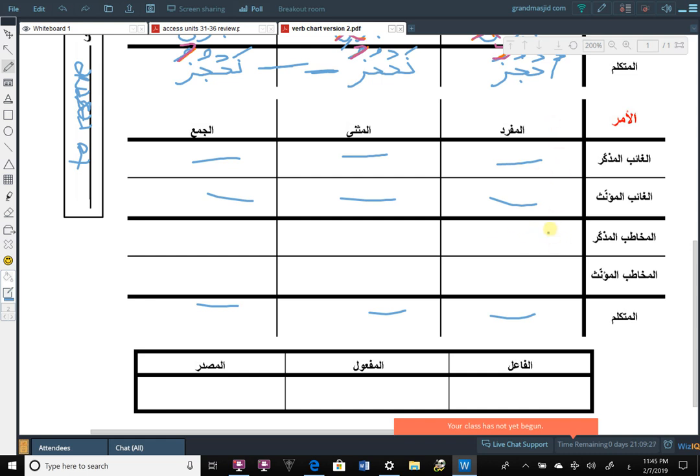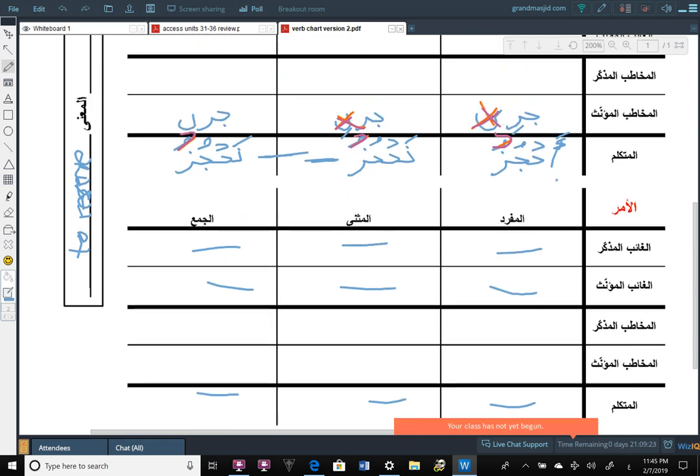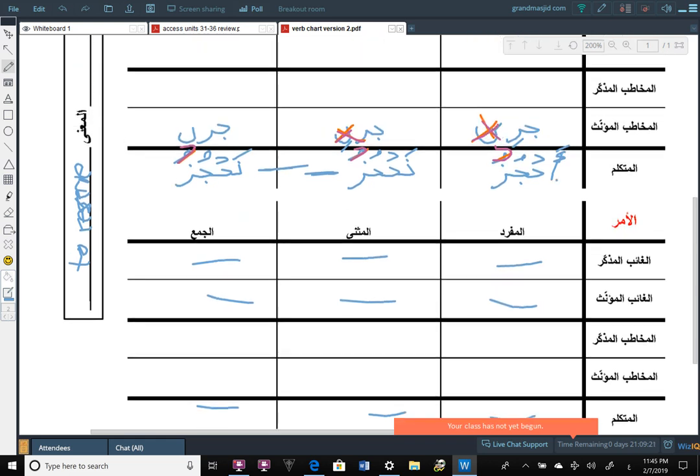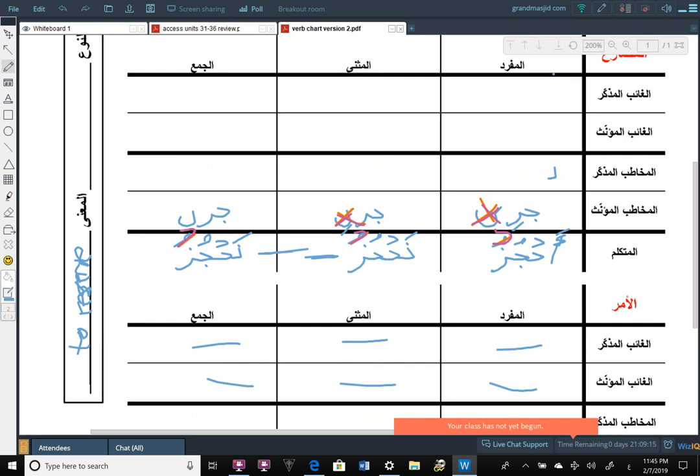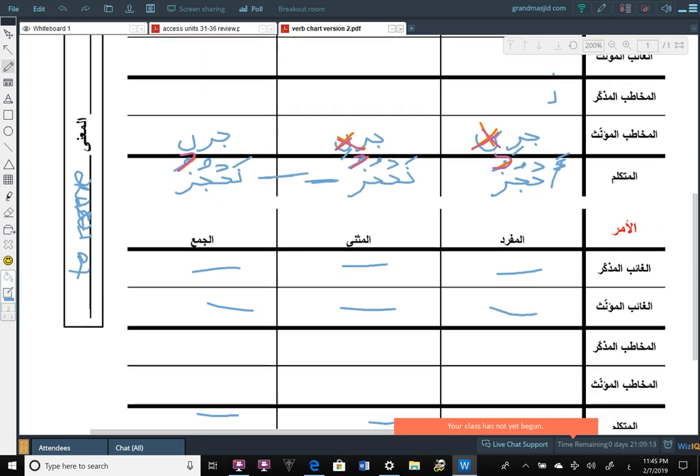So for instance, we had our verb. I'm going to scroll up just a little bit so we can see it. Right? We had here tahjuzu, right? What do we do? We drop our ta.